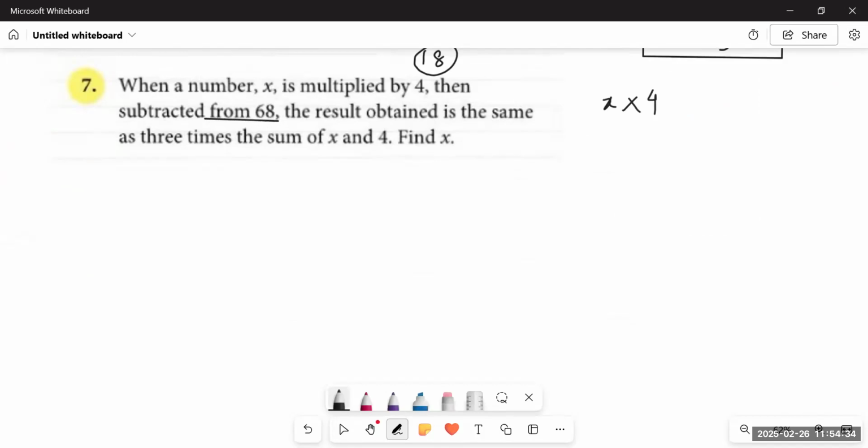We can say that 68 minus x multiplied by 4, which is 4x. X multiplied by 4 is equal to 4x. What are they saying? When a number x is multiplied by 4, and after getting the product 4x, it is subtracted from 68. So the equation would be 68 minus 4x.